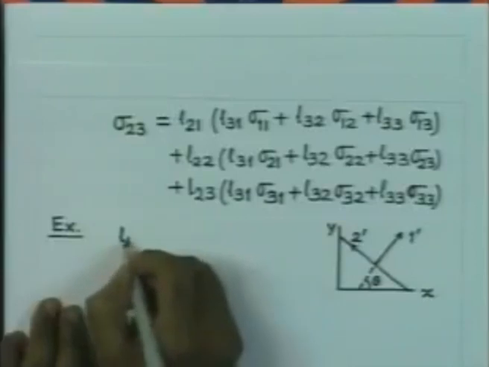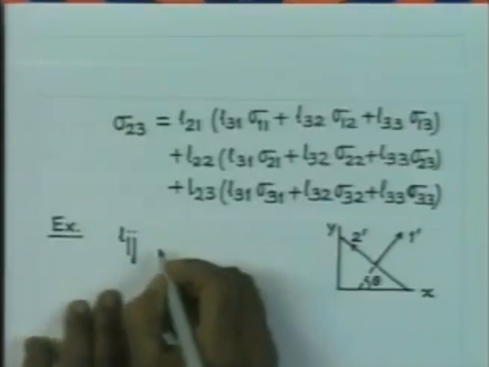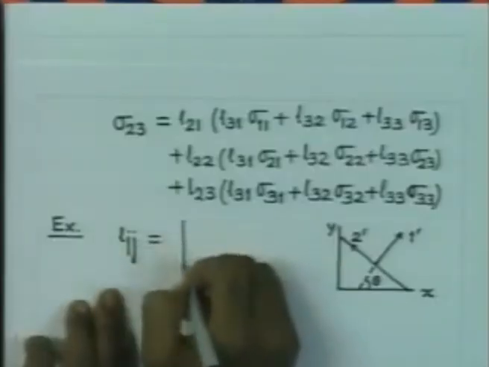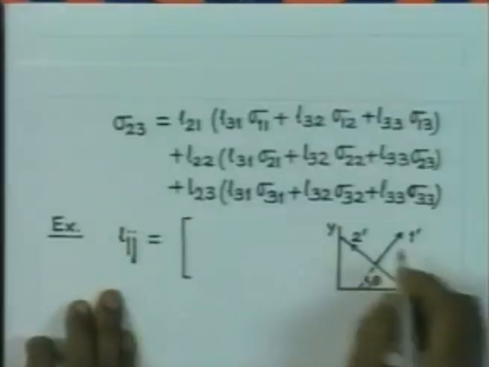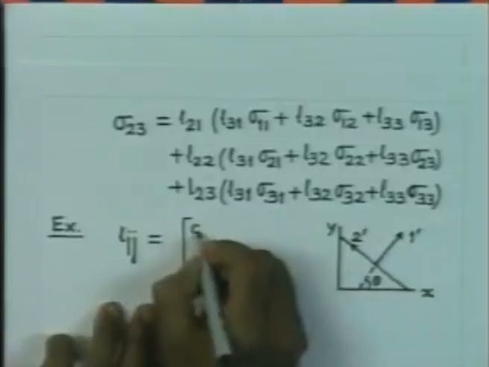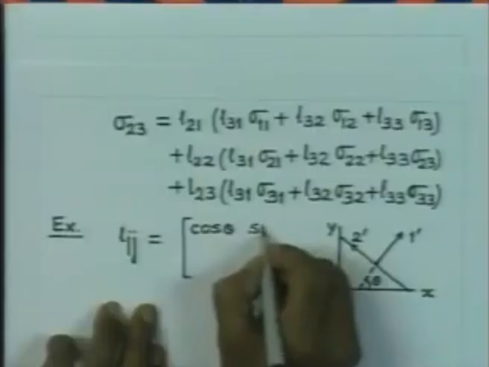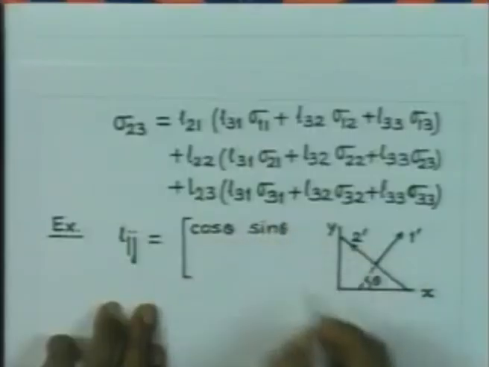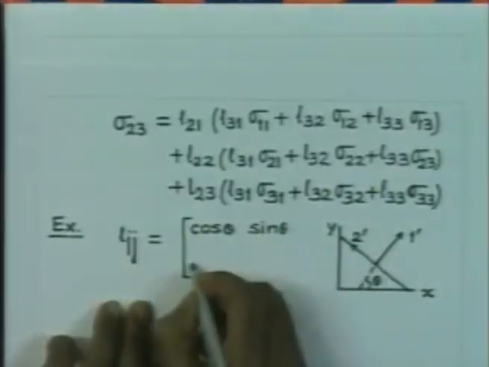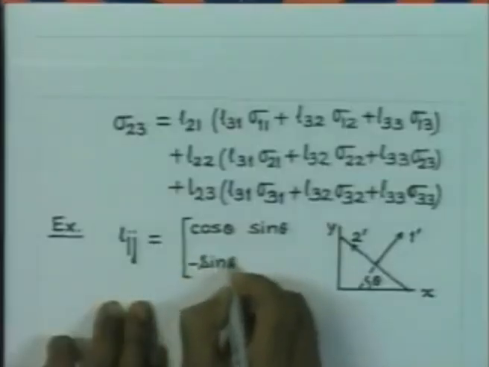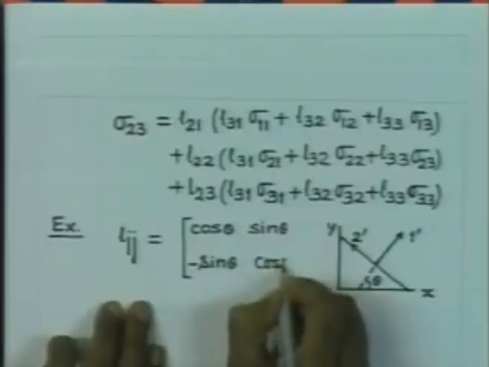So, we have the direction cosines Lij given by: the direction cosine of 1 dash is cos theta, sin theta, and the direction cosine of direction 2 dash is minus sin theta, cos theta.